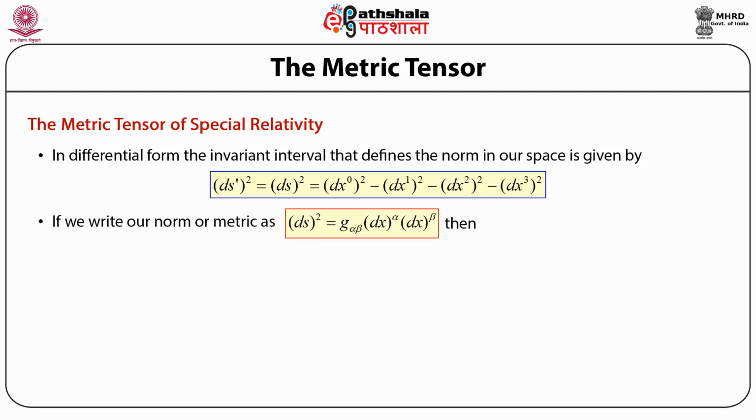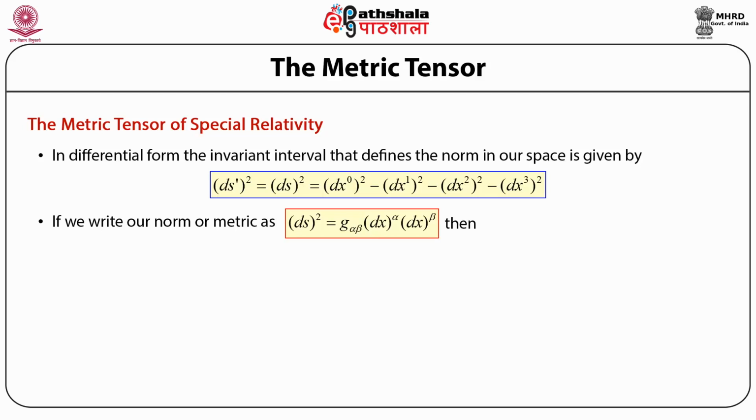So if we write the norm or the metric as ds squared and define that in terms of the tensor notation, then we can write this as ds squared equals g_αβ dx^α dx^β.